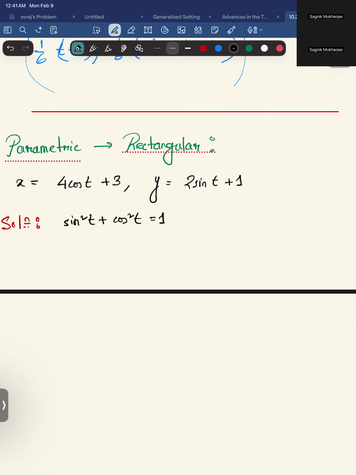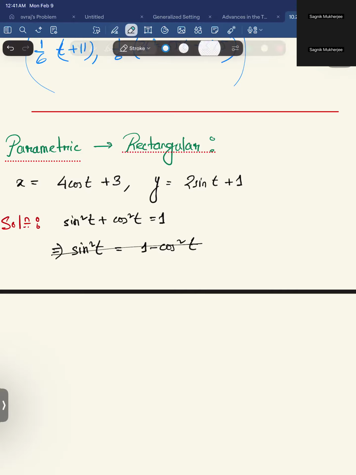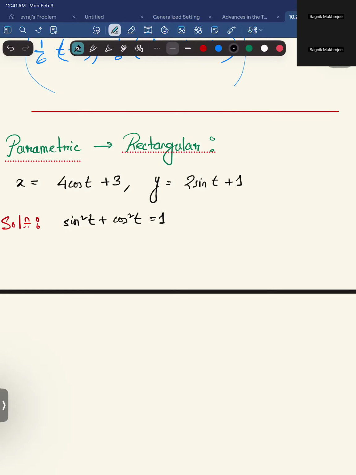So notice that sine squared t equals 1 minus cosine squared t, right? Or actually, maybe let's do it in some other way. So first of all, try to write sine t in terms of y. How do you do it?